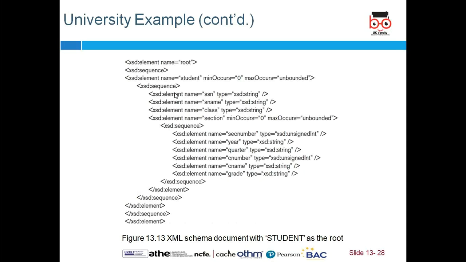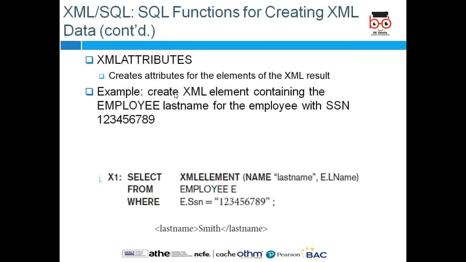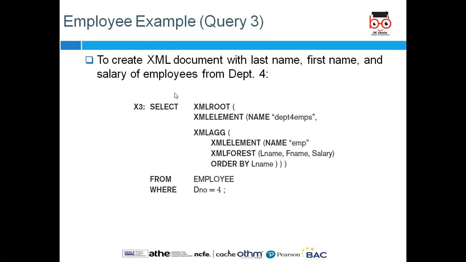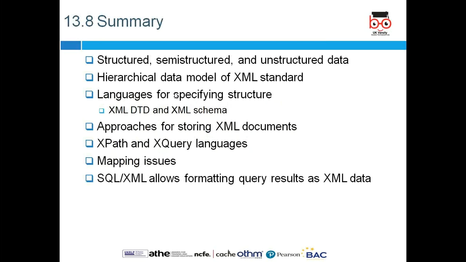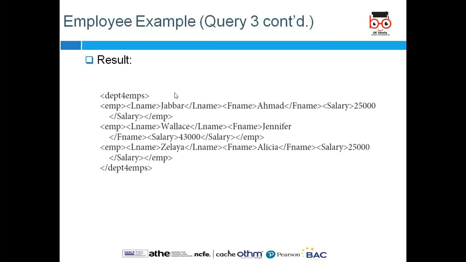Then when you define their sequence, you should be able to run the XML queries here, like SQL. And you are getting the results in the form of tags. Like I was saying, you would get a particular tag and particular value. Yeah, that's fine.